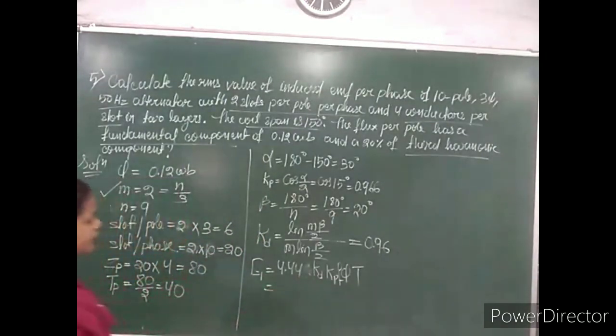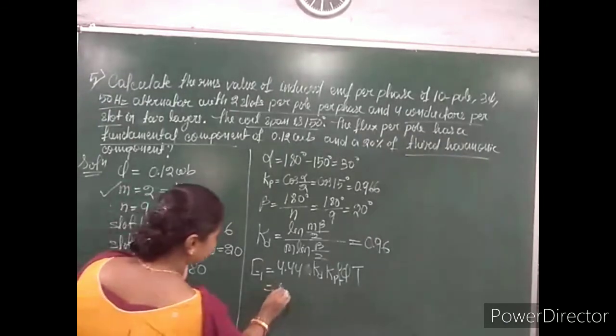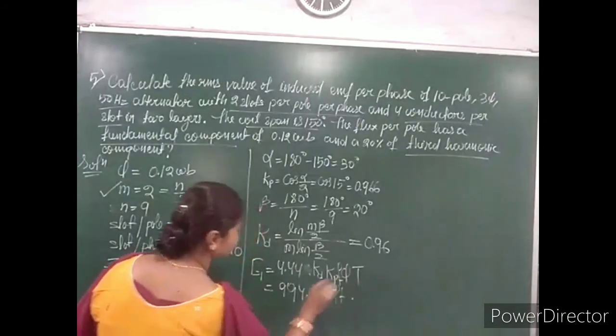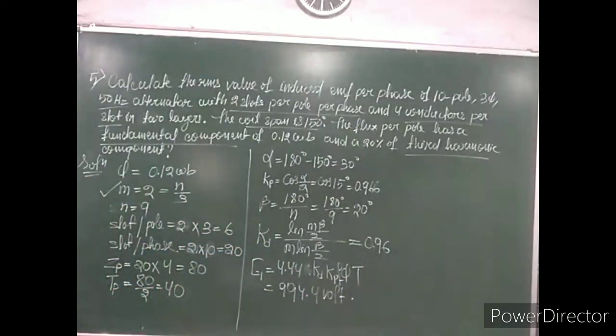If you put the value of Kd as 0.96, we have already calculated, Kp is also 0.966, flux is 0.12 Weber, frequency is 50 Hz and turns per phase is 40, you get the result 994.4 volt.